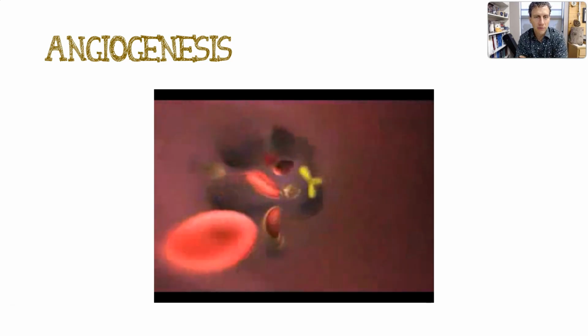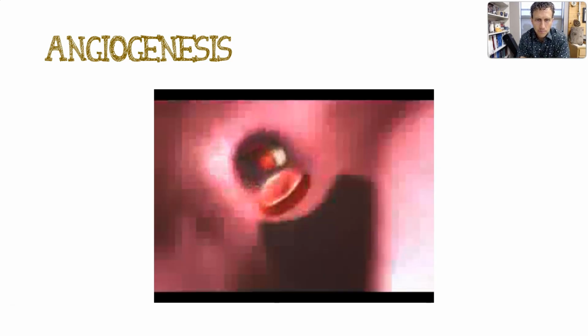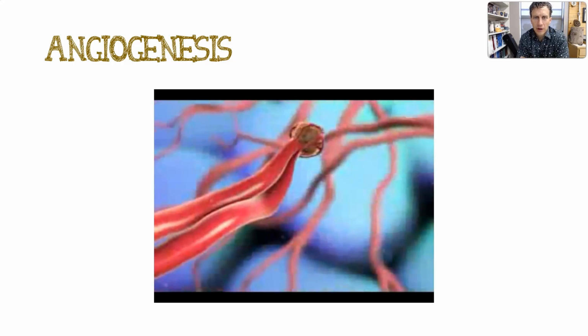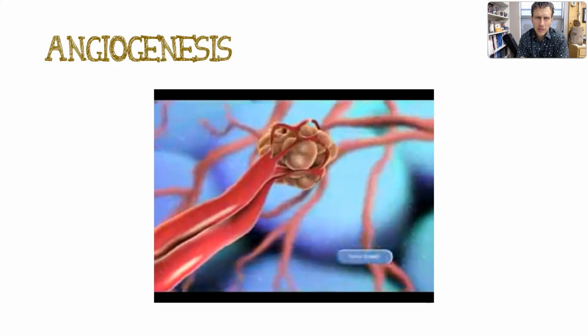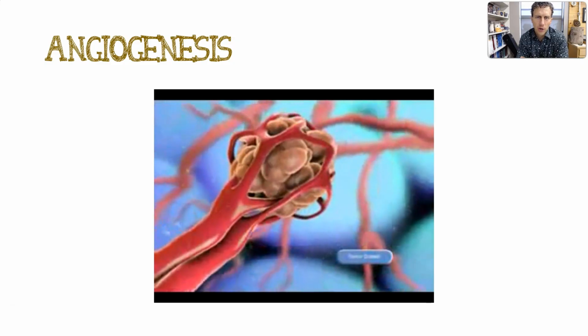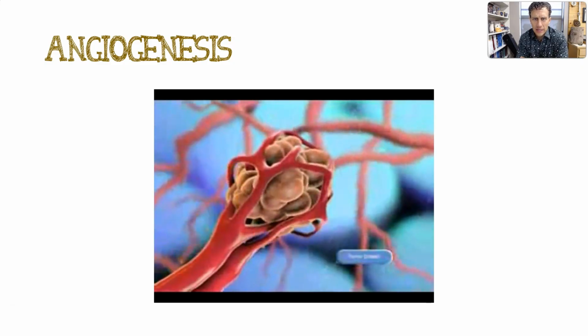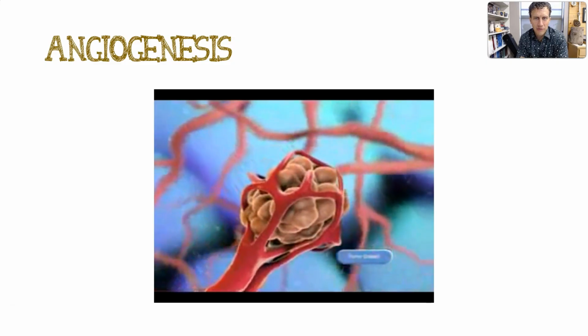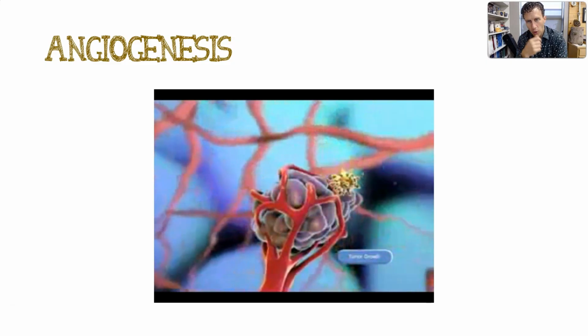So this is an animation of blood traveling through the bloodstream. Those are red blood cells, and they carry oxygen to the cells. And here's a tumor, and it's growing to a pretty large size, and it has blood vessels going toward it.